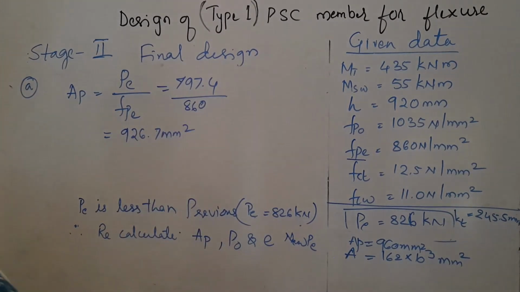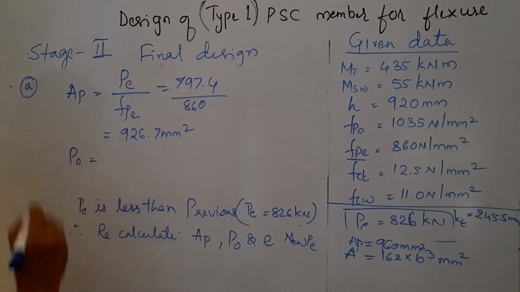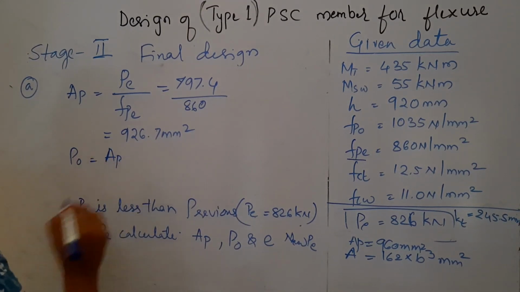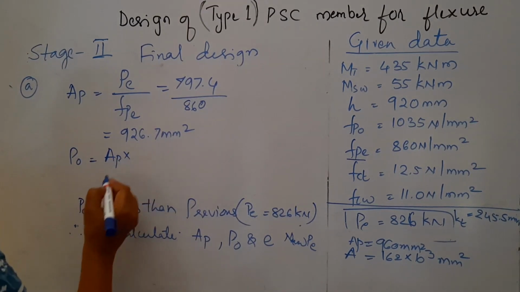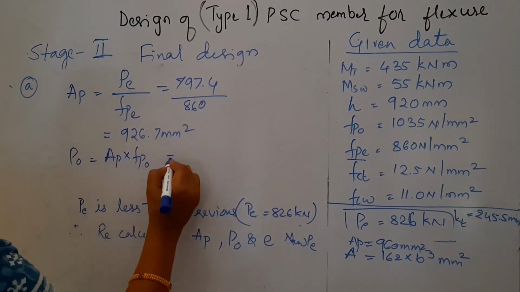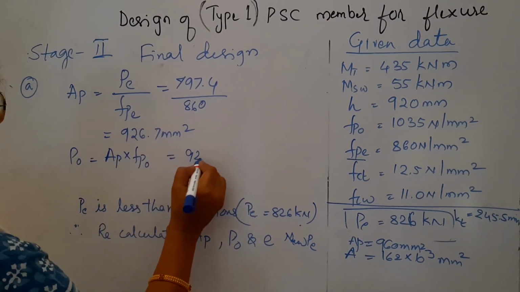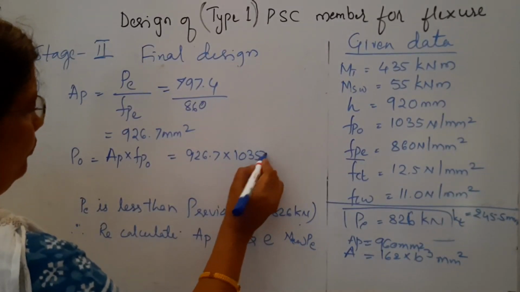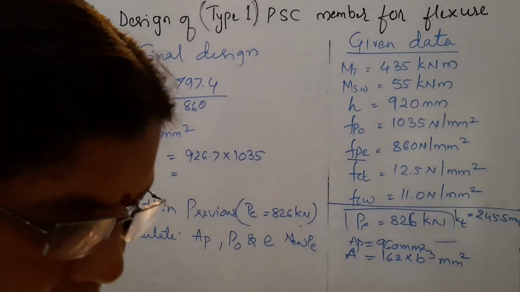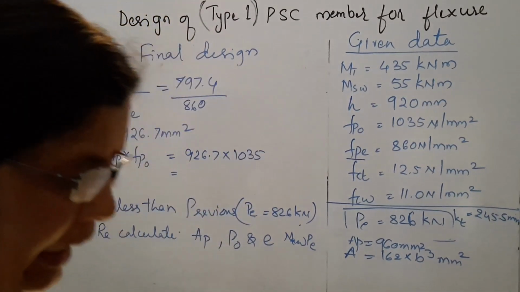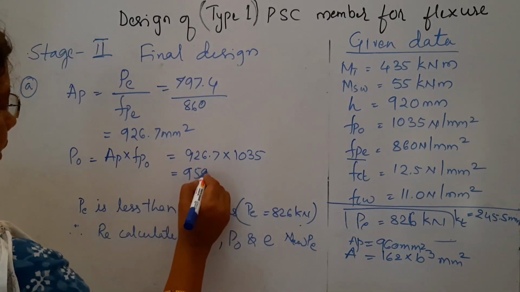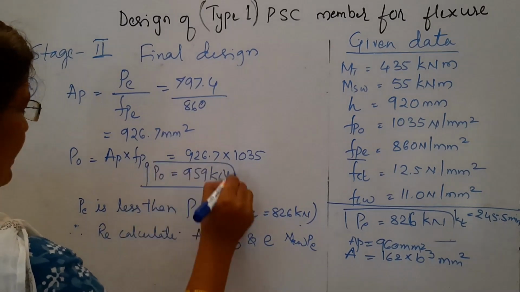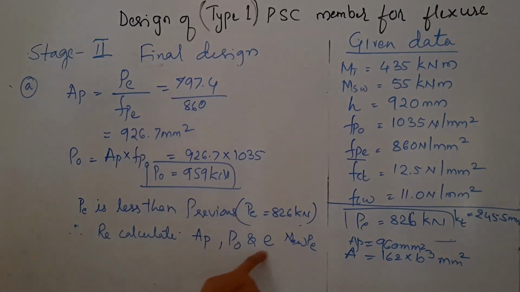Then we have to calculate the PO. PO is equal to once again AP into FPO, area of tendons multiplied by the initial stress. That is 926.7 into FPO, which is given as 1035. This comes to be 959 kilonewton. That is the new PO, 959 kilonewton. Next is eccentricity.